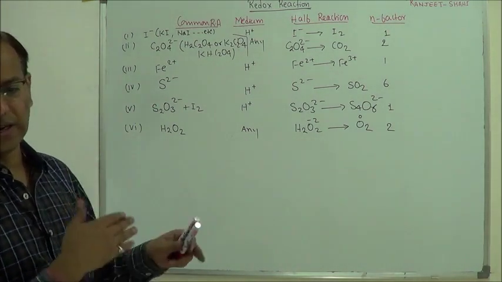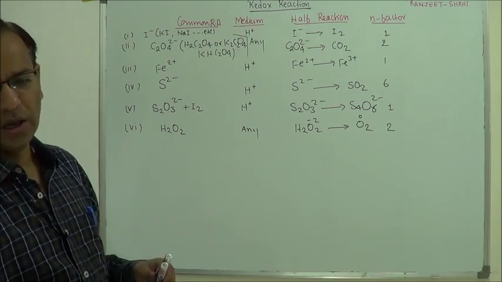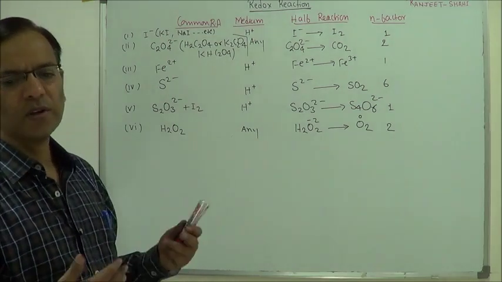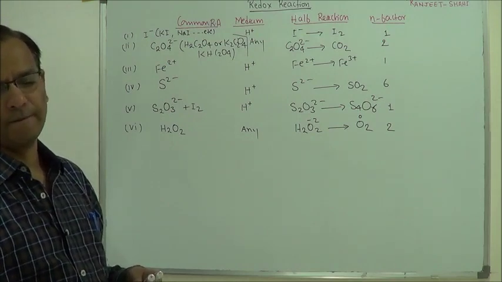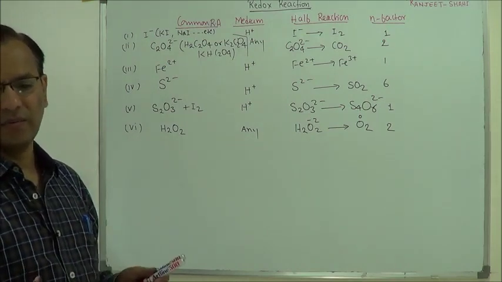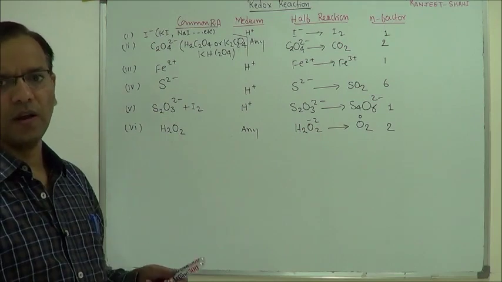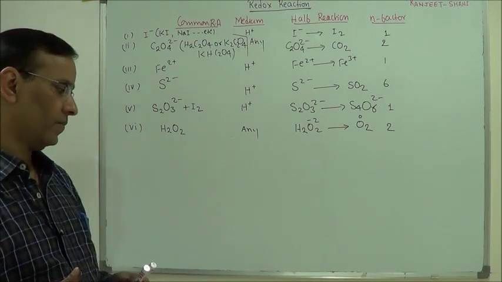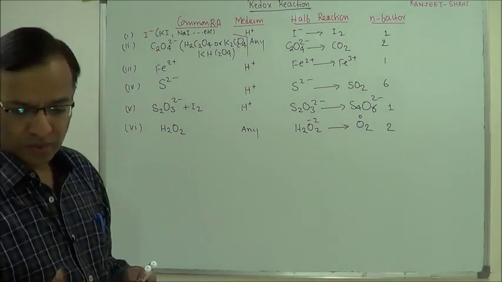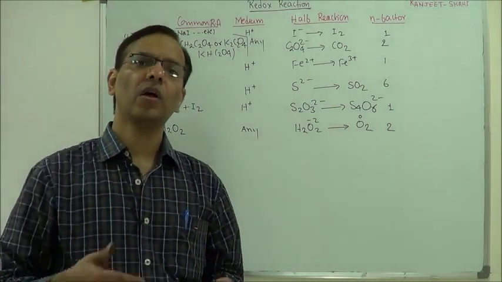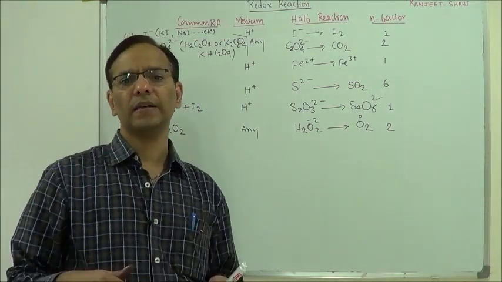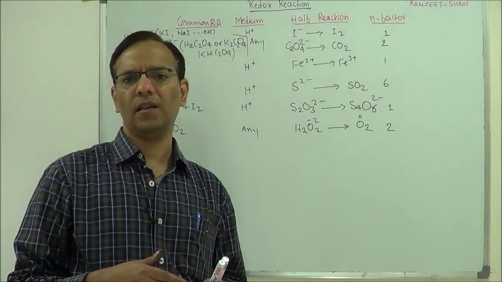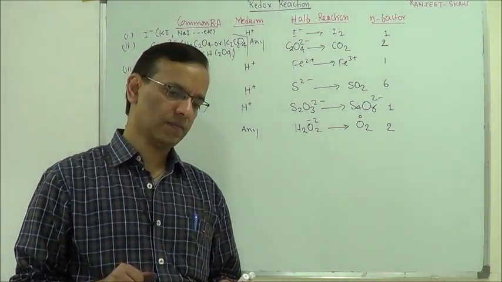If these reactions are used, we must know their half reactions and N factor, because these half reactions and factors are not usually given in the question. So now we are familiar with common oxidizing and reducing agents and their N factors.